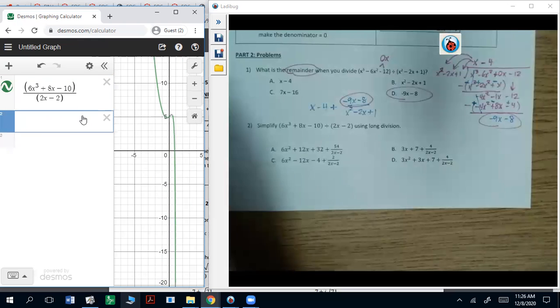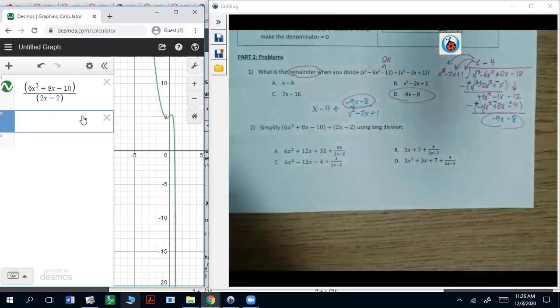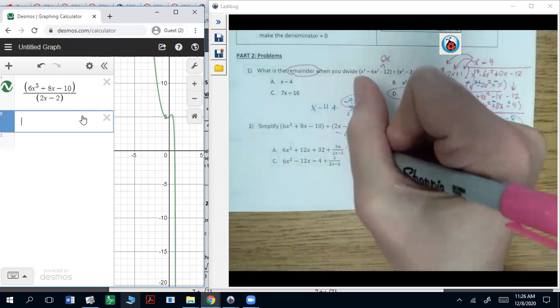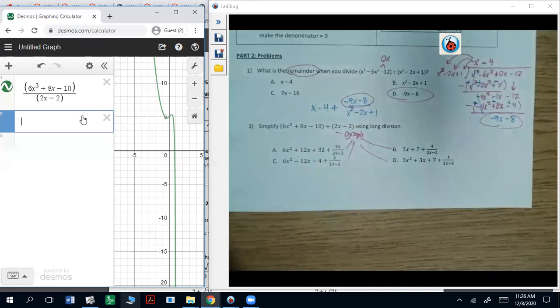And then you could go through and test each of these answer choices in a graph and see which one matches up. So we could graph this and see which graphs match. And that's the method I'm going to use here. And you can double check that using long division by hand.